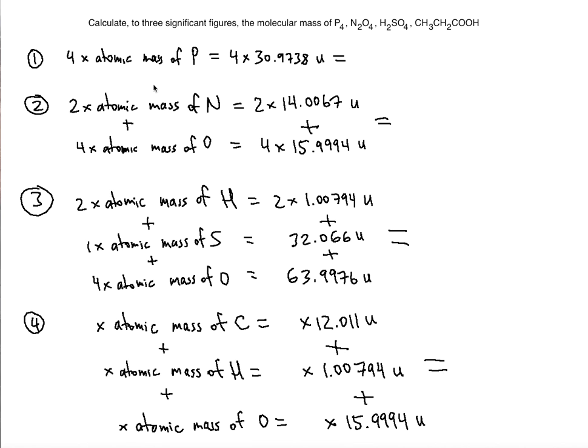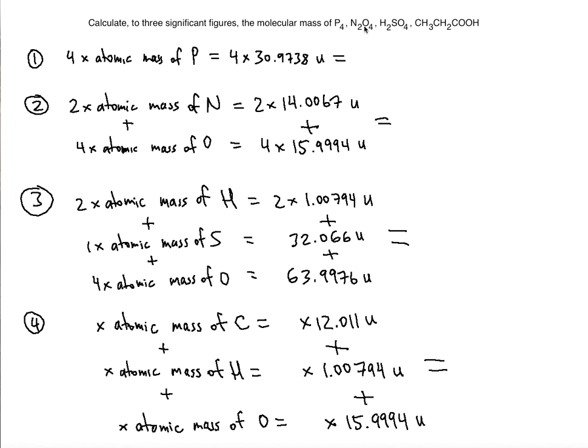And similarly, for the next compound, we will approach it the same way, except that we're going to add individual masses for each element. So we will find twice the atomic mass of nitrogen, then add it to 4 times the atomic mass of oxygen, because there are 4 oxygen atoms and 2 nitrogen atoms in this compound.